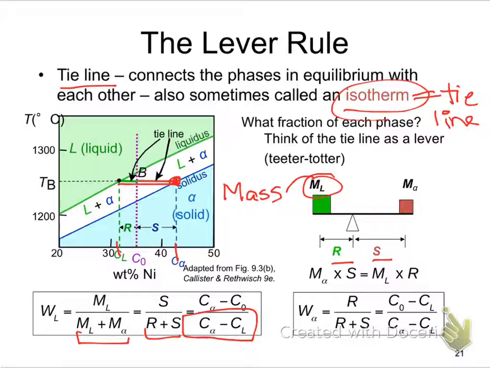And we know that we need to do, say for the mass fraction of the liquid, either the S or the R part, and the question is which one? And it seems as though, why would you use the S value instead of the R? Well, maybe one easy way to think about it is if you had B, I'm going to draw a line right here.